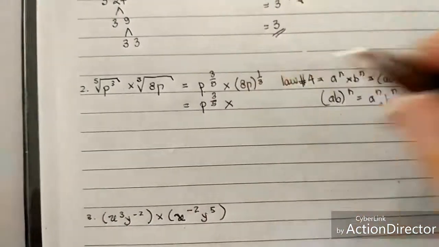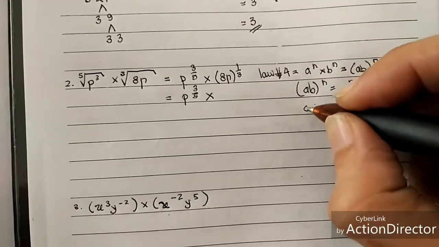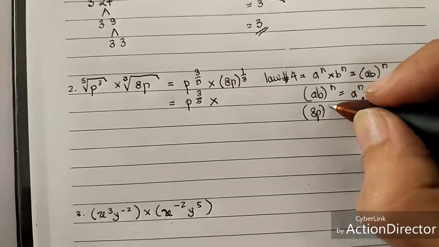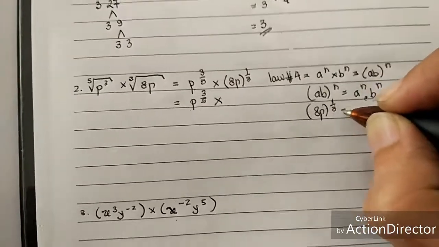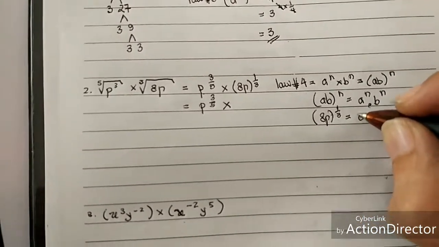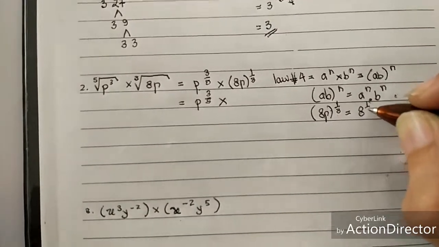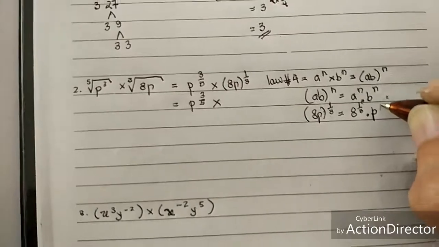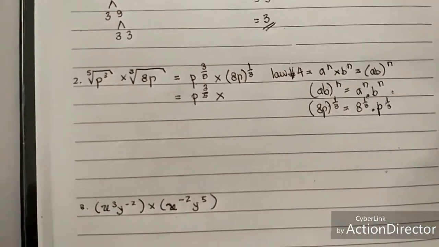The same thing here. 8p in bracket to the power of 1/3 means this one will be 8 to the power of 1 out of 3 times p to the power of 1 out of 3.